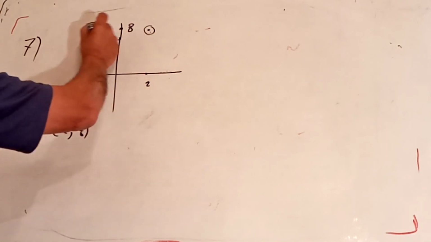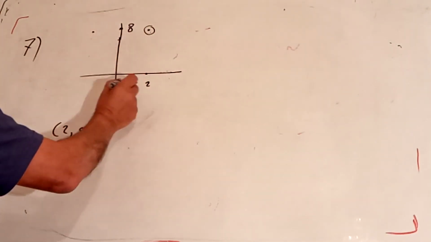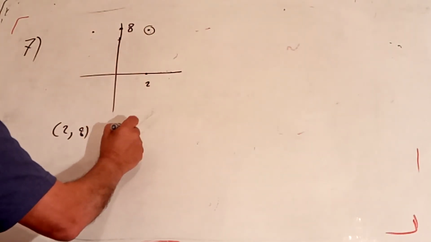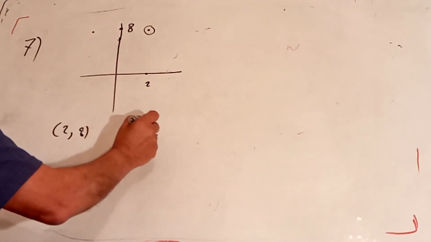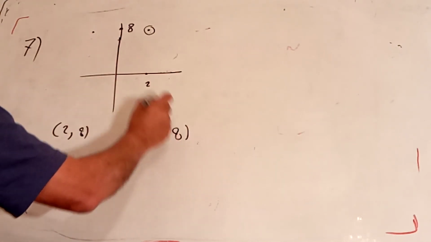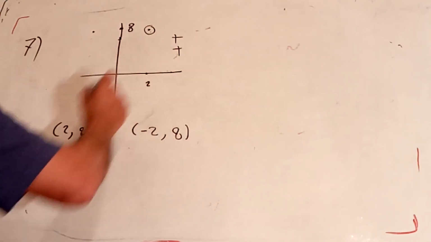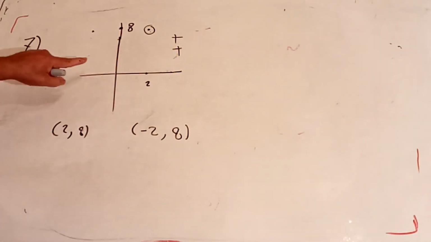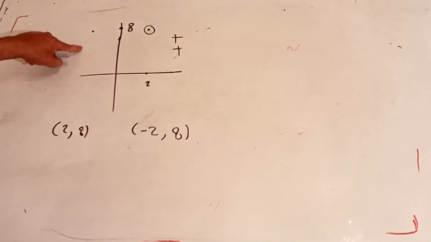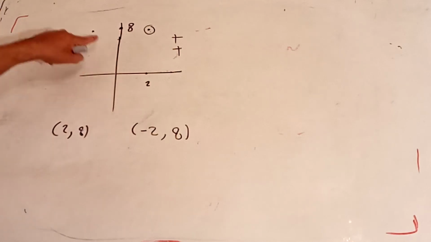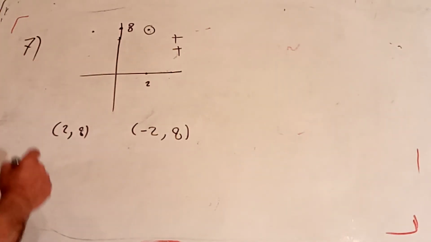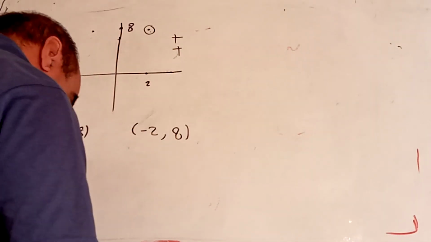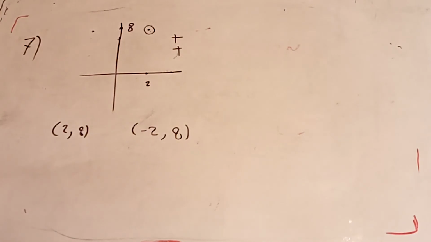This point will be reflected here, so it will become -2 and 8. As I told you, here x is positive and y is positive. You see this point, x is positive, but when it was reflected, it comes to this corner. So x will change its sign and y will stay the same. So it will be -2 and 8. This is the point.